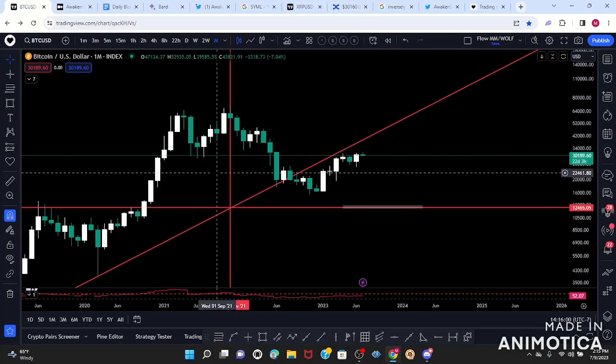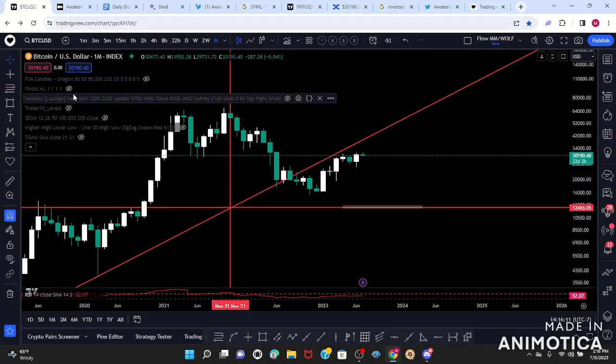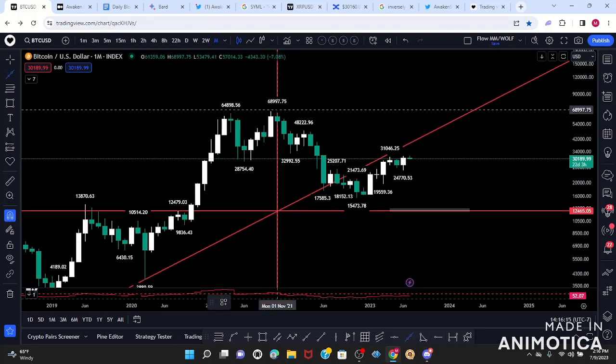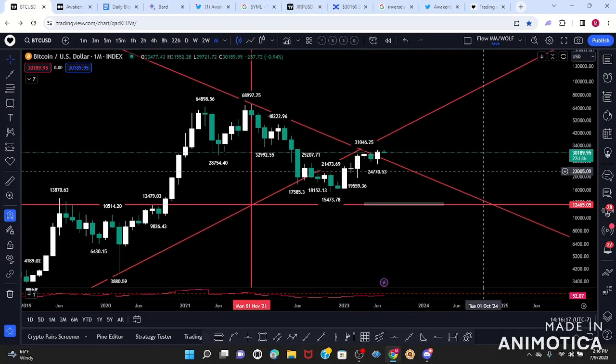Remember, this is a game that has two sides to it. So always have a bullish and bearish target. For this, I'm going to use my pivot highs and lows. I'm going to go from this high to this high right here.